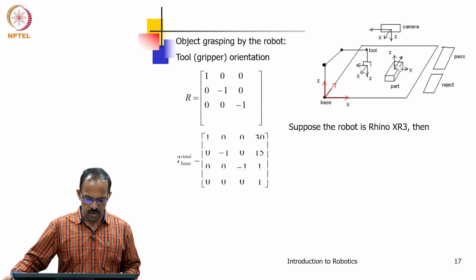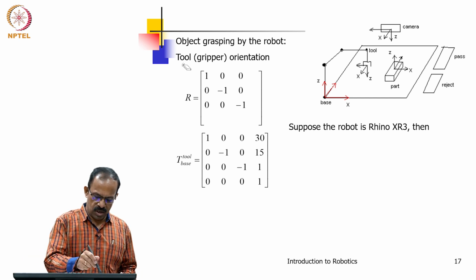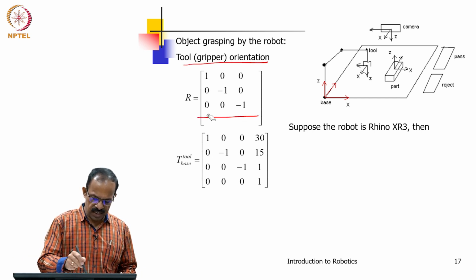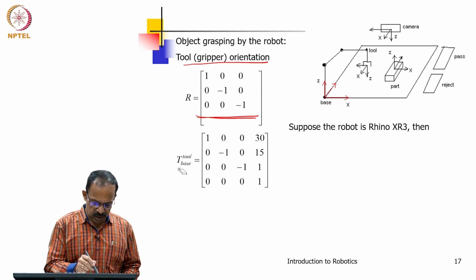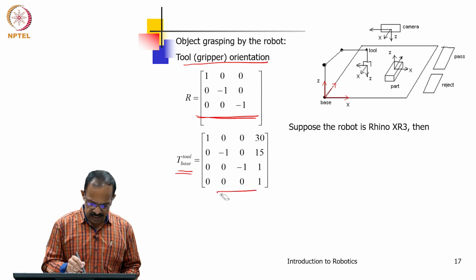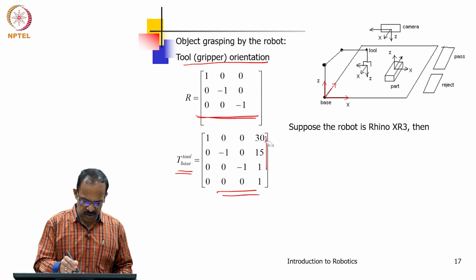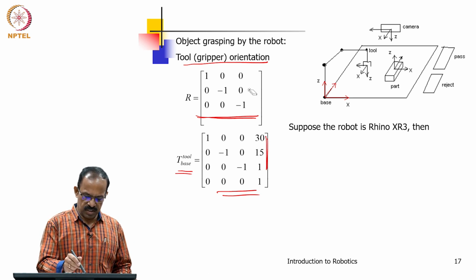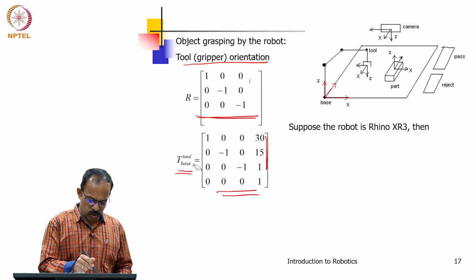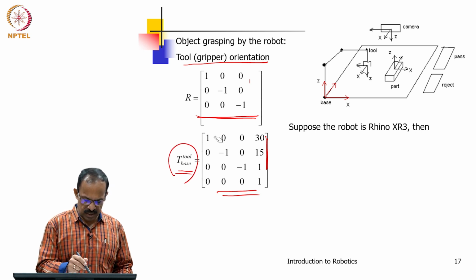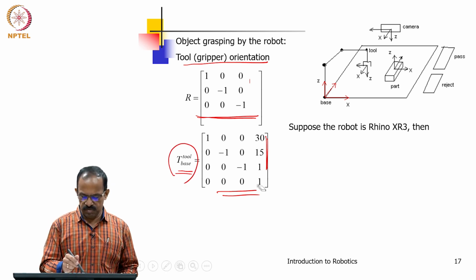In grasping the object, the tool gripper orientation is given like this, so the tool to base transformation is given by this: 1, minus 1, minus 1, 30, 15, 1.